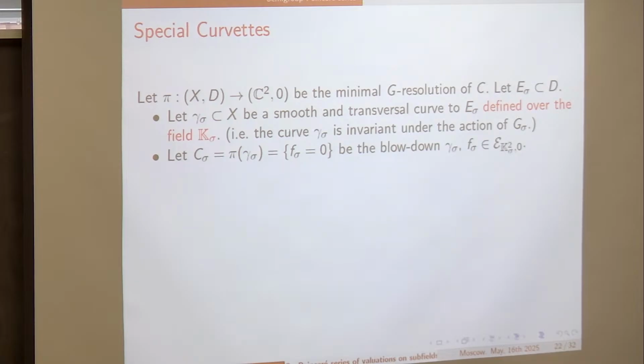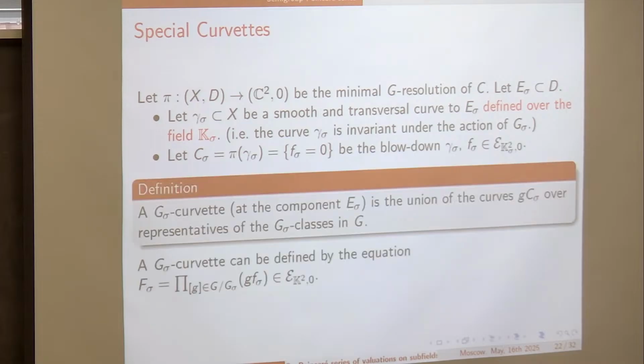That means you have an equation, for example, you pull down the image, you have a plane curve with an equation, and this equation could be taken with coefficients in k sigma. This is not the curvette we are interested in, but we need to take all the conjugates of this.